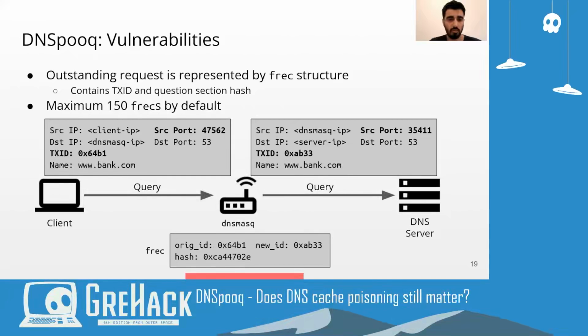At any given time, dnsmasq imposes a maximum number of forwarded queries, by default 150.